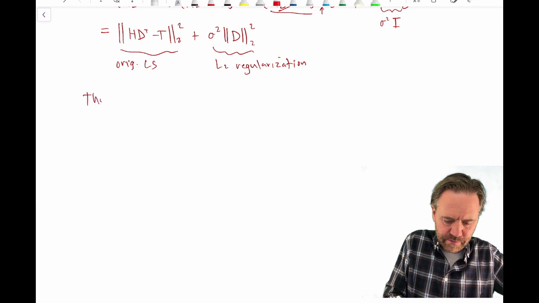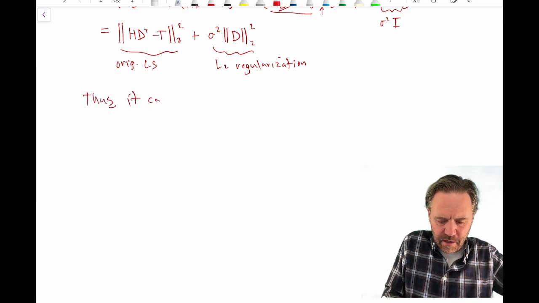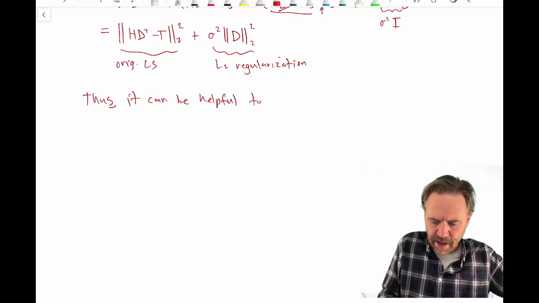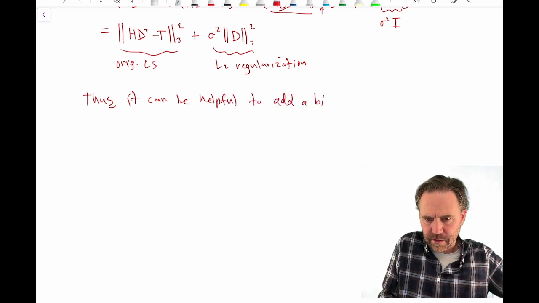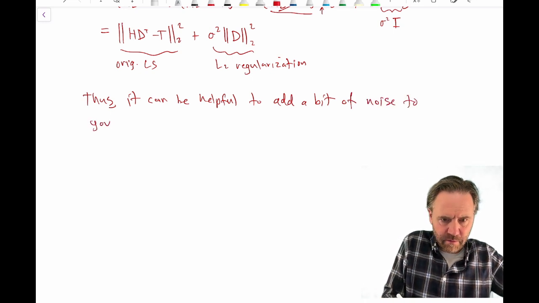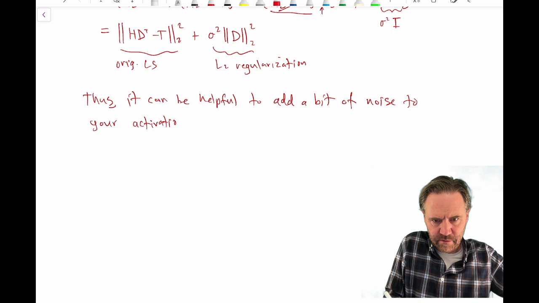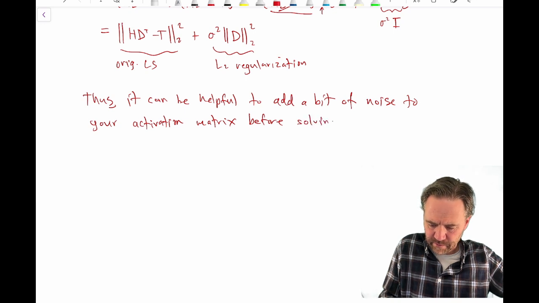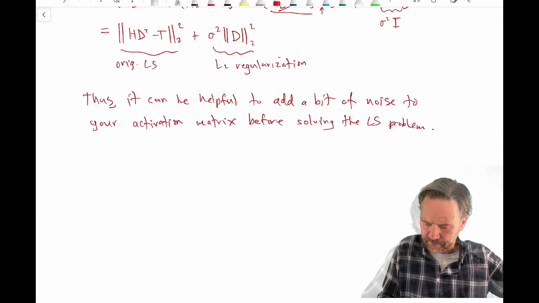So thus, it can be helpful to add a bit of noise to your activation matrix before solving the least squares problem. I'll stop right there.